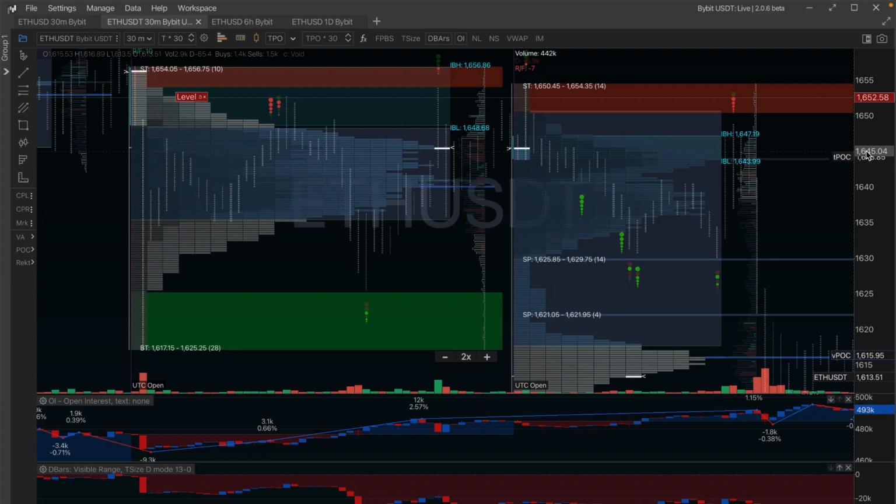So you want to keep all of this in mind, because the more out of the extreme it goes in the value area, the more likely it is to come back and mean revert to an extreme that is larger, that is more severe than necessary.